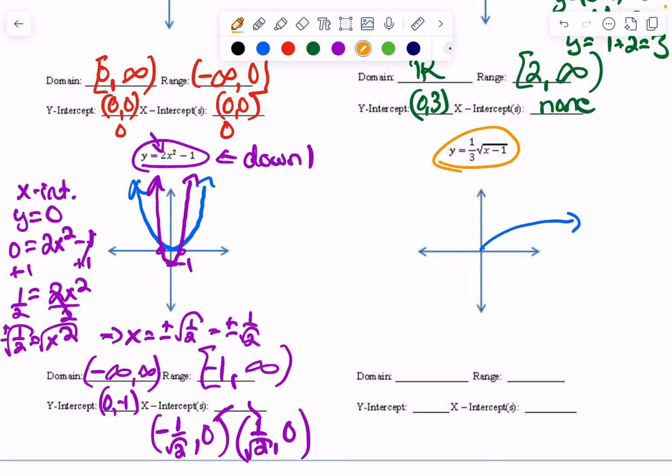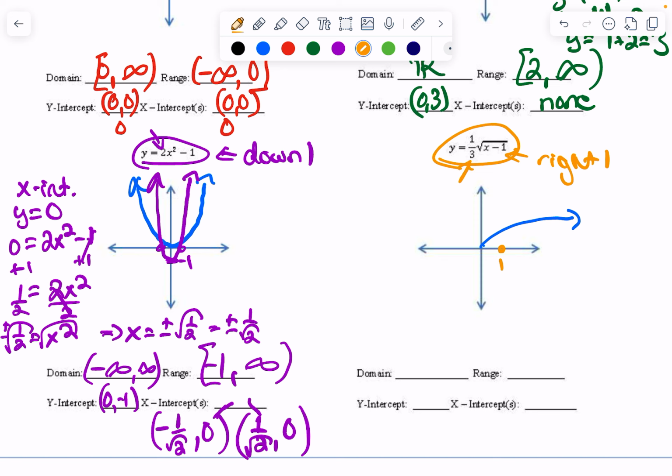So this means that we are going right 1 because it is underneath the square root. So the function is going to start right here. Now, it's 1/3, which is less than 1. So that means that it is a vertical shrink. So it's going to look something like this.